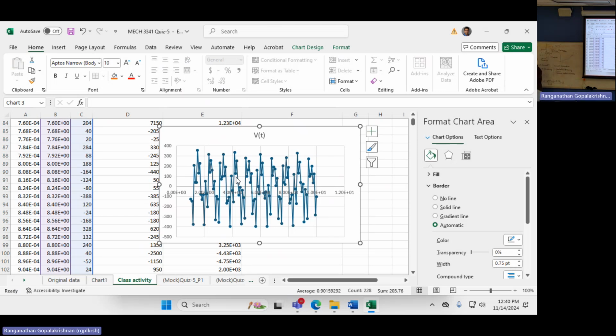Right? So again, area under the curve is also an important calculation often.